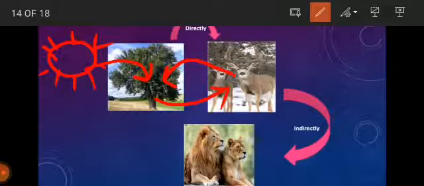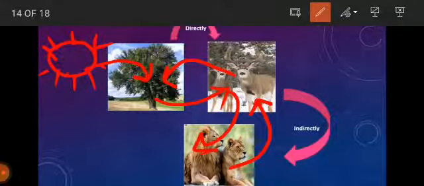And when the carnivores prey on other animals, then the energy stored from the sun goes in the carnivorous animal. So it means the sun's energy is transferring through plants to different animals like this.